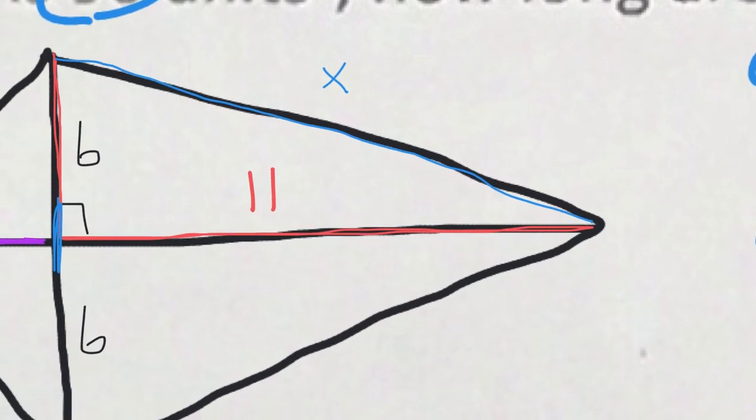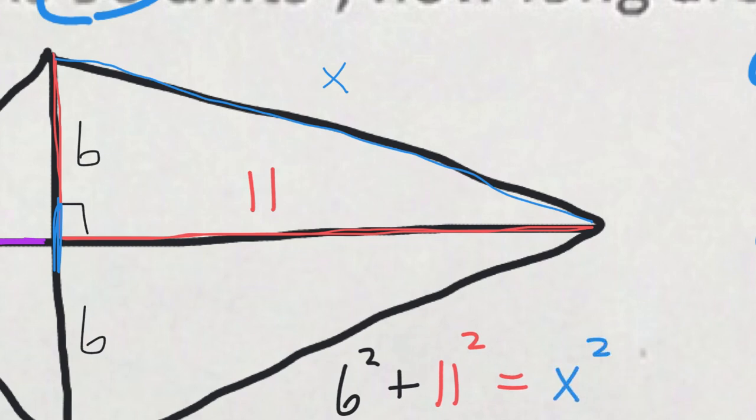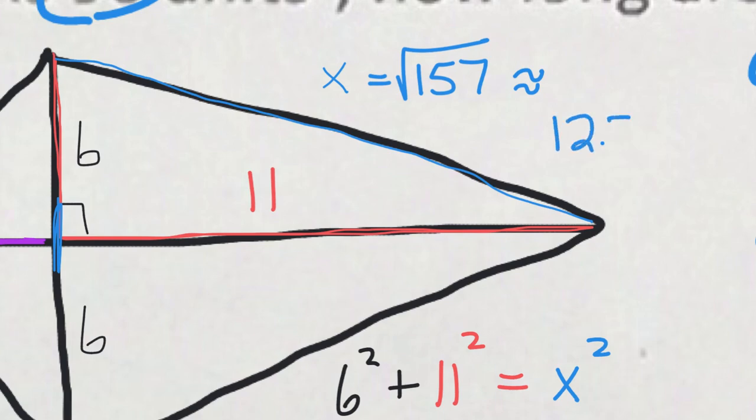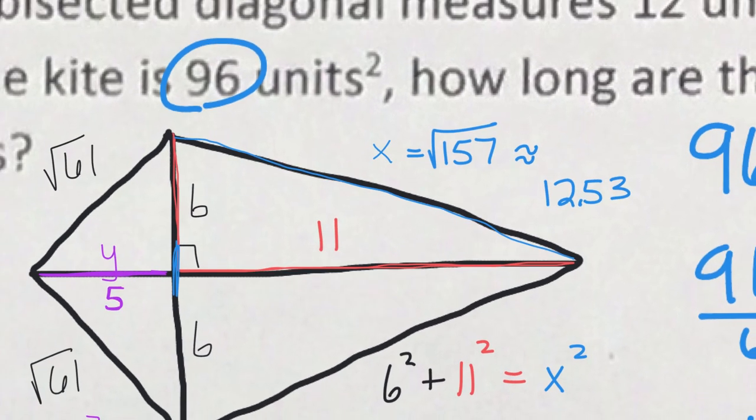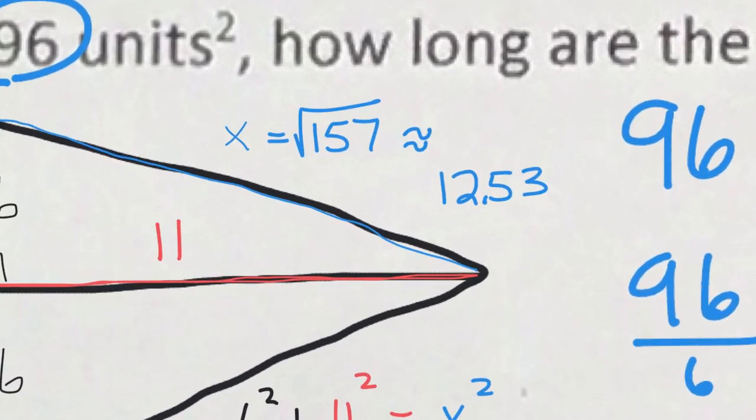Now we can do Pythagoras that says 6 squared plus 11 squared equals x squared. Very nice. So 6 squared is 36, 11 squared is 121. So x is the square root of 157, which is approximately 12.53. And our units are just units, so 12.53 units.